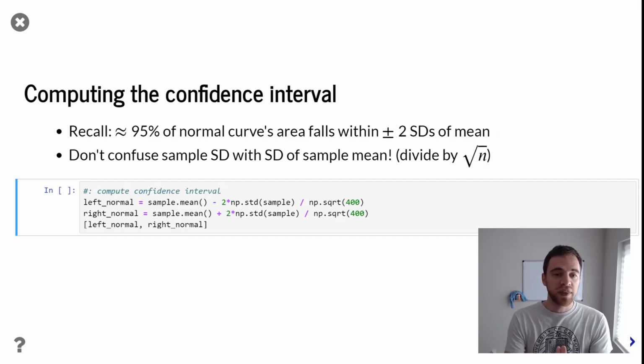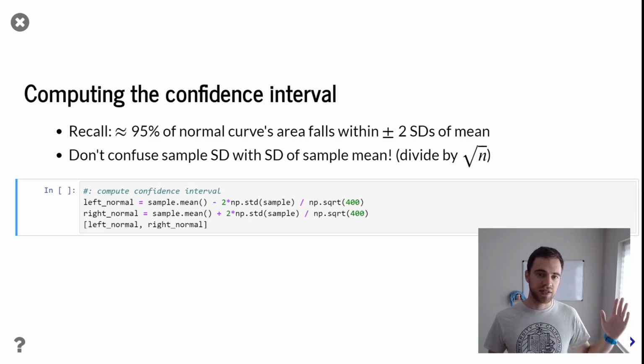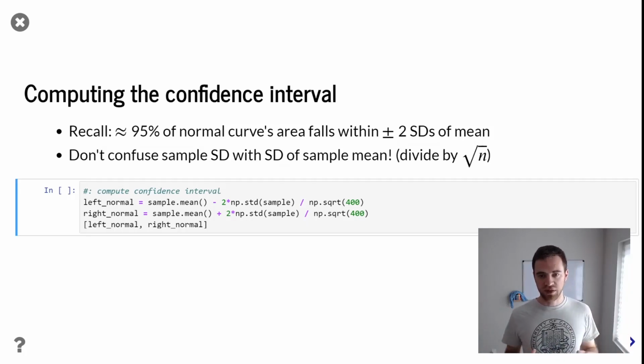So this tells me how to compute a 95% confidence interval. The upper bound of the interval is the mean plus 2 standard deviations, and the lower bound is the mean minus 2 standard deviations, and that will contain 95% of the area of the curve.